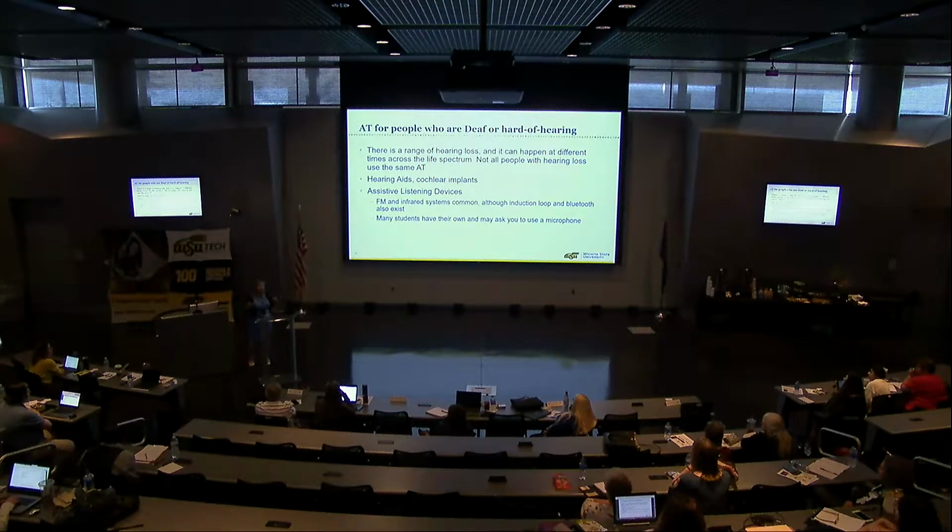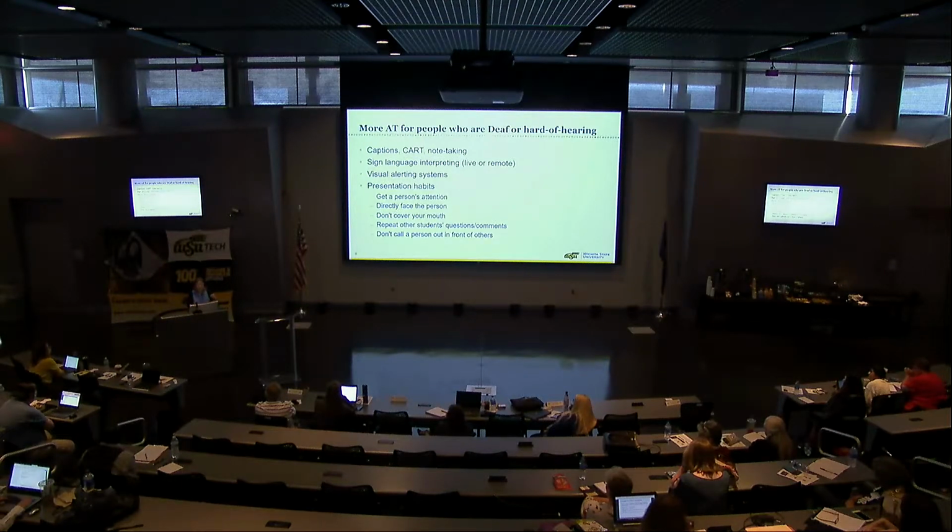FM is cheaper, and with infrared you can define a room better. It's not important that you know the difference between these things, but it is important that you understand that there's this whole spectrum of difference in these kinds of higher end assistive technologies.